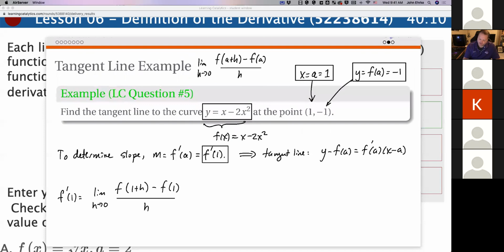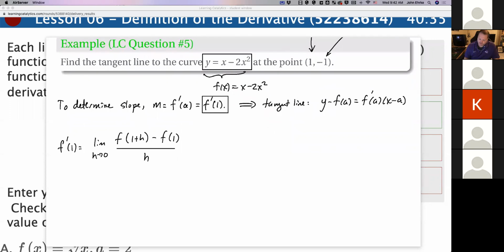That's the formula that you should have memorized at this point. That's the derivative at a point A. So that's the derivative at a specific value. So all this problem is doing is telling me A is 1, so I'm updating the formula to have A equal to 1 here and here. So I'm calculating f prime at 1, so A, the point I'm taking the derivative at, is 1.